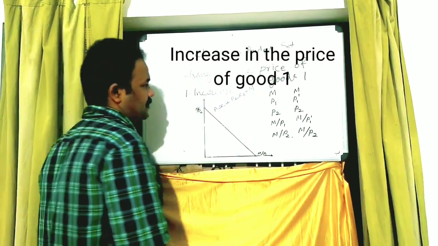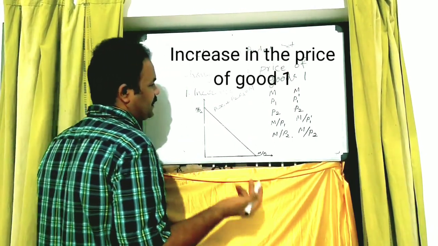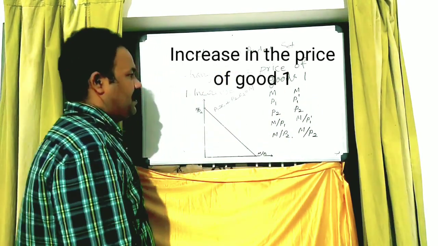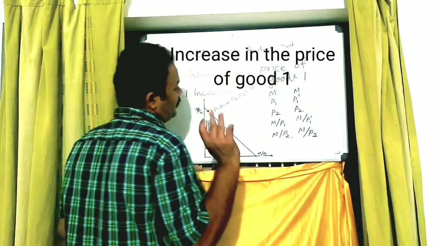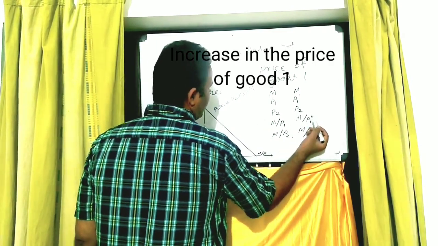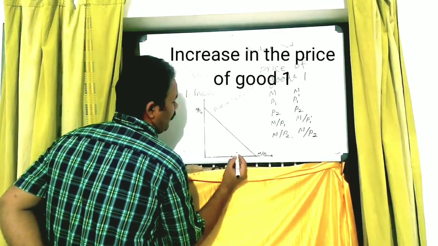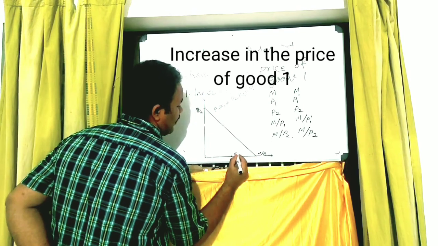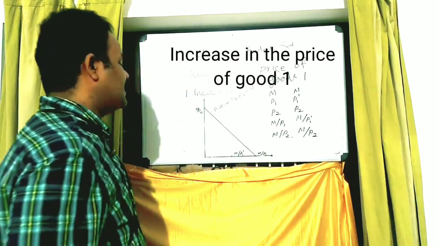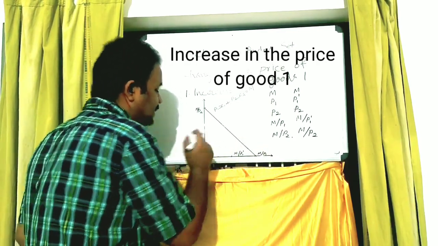Then here price of the good one is increasing from P1 to P1 dash. At that time, the new horizontal intercept, that is M by P1 dash, will pivot around the y-axis.